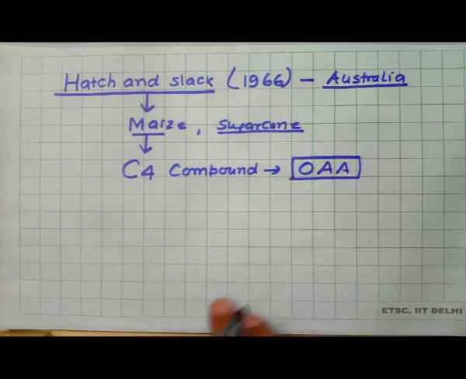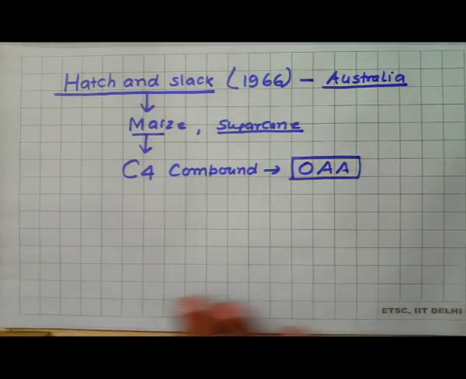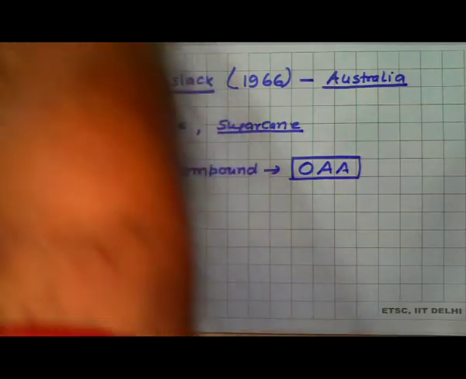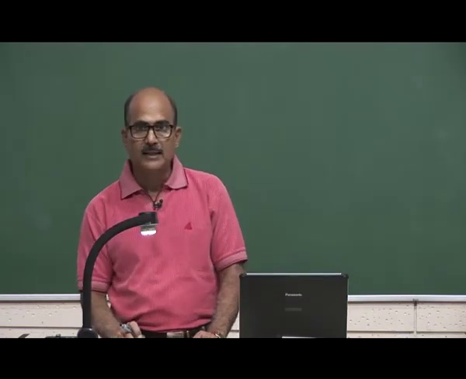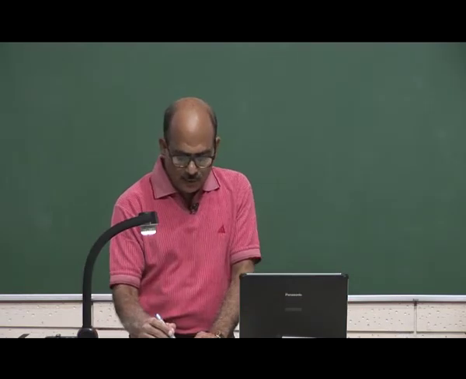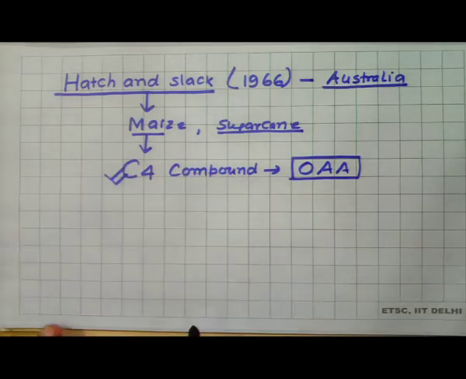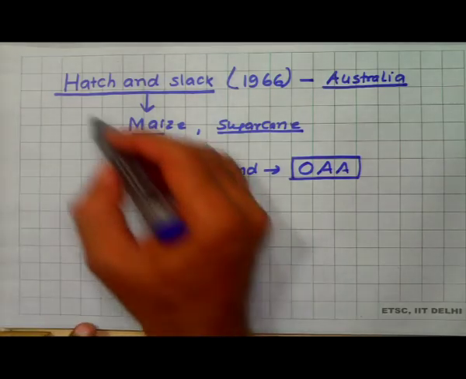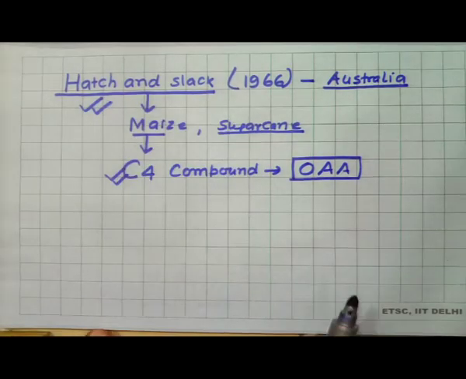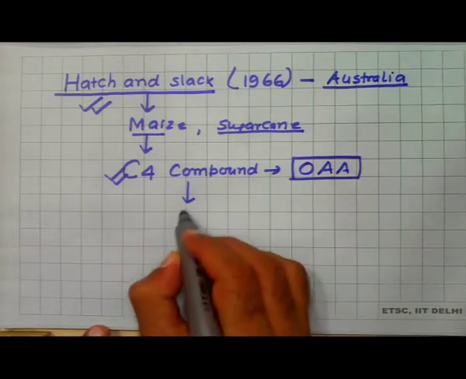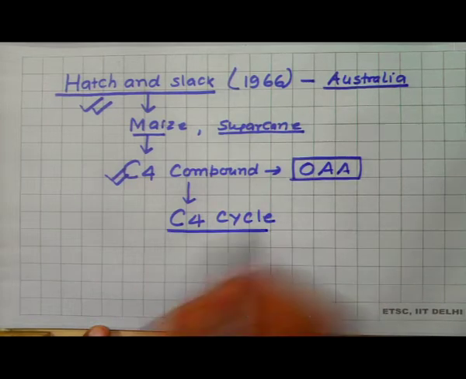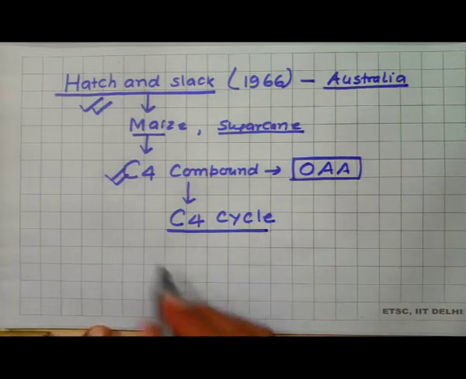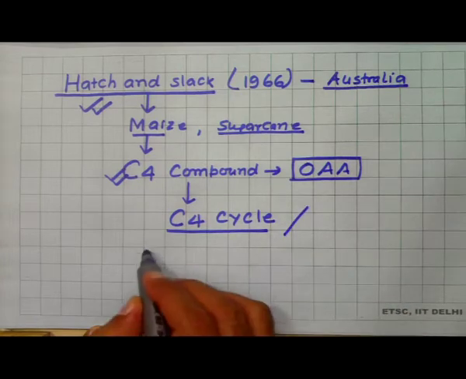So after 1966 it was confirmed that not only a C3 compound but also a C4 compound is formed in dark reaction. It was already indicated by three scientists and finally proved by Hatch and Slack. So this cycle is known as the C4 cycle, because the first stable product is the carbon 4 compound oxaloacetic acid. It is also known as the Hatch and Slack cycle.